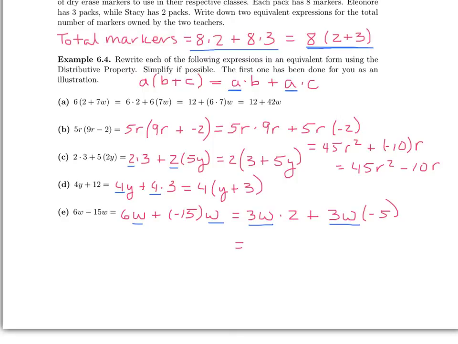The 3w is playing the role of the a. And then I'm left with 2 plus a negative 5. Let's simplify. This would be 3w times a negative 3, and if we multiply, we will arrive at a negative 9w.